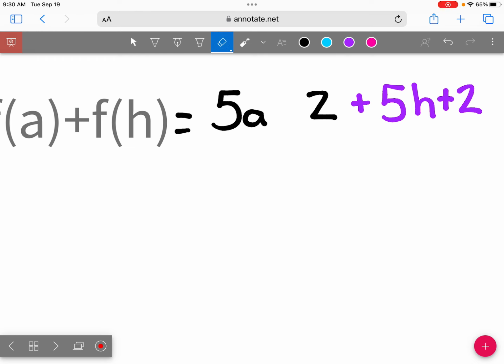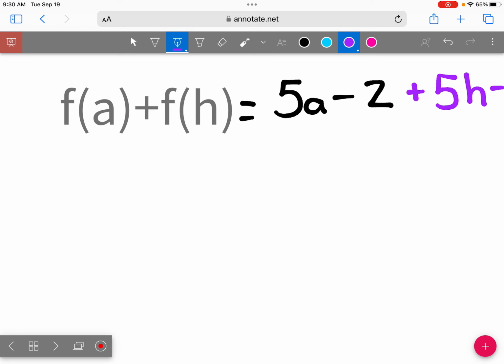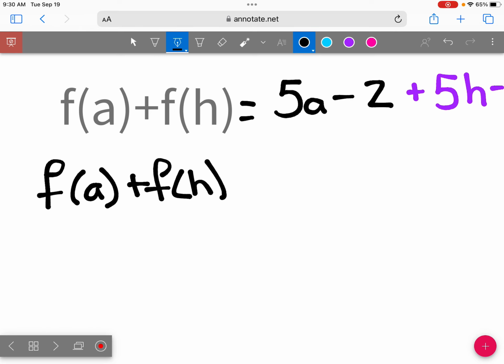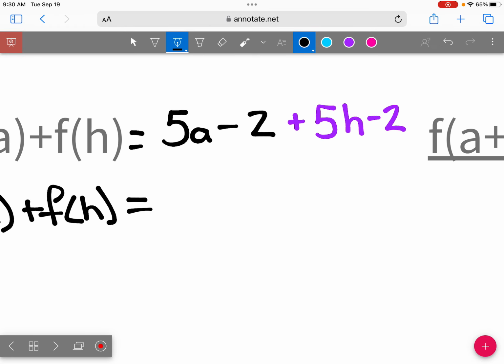Sorry, I was looking at the wrong things. Minus 2 on both of those. So f of a plus f of h is 5a plus 5h minus 4.